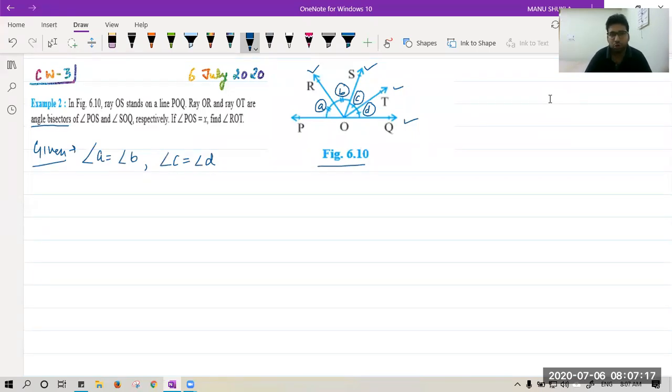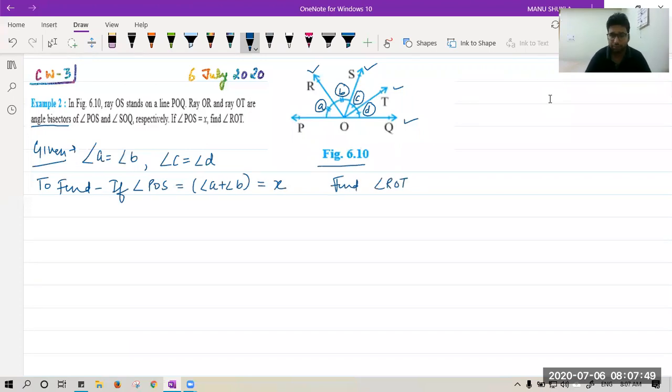Now, what the question wants from us is, if angle POS is equal to X, to find, if angle POS, that is angle A plus angle B only, is equal to X, then find angle ROT.